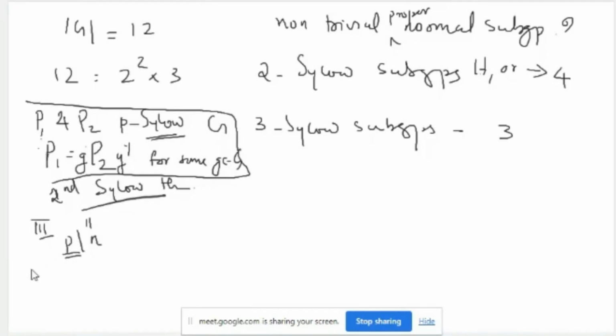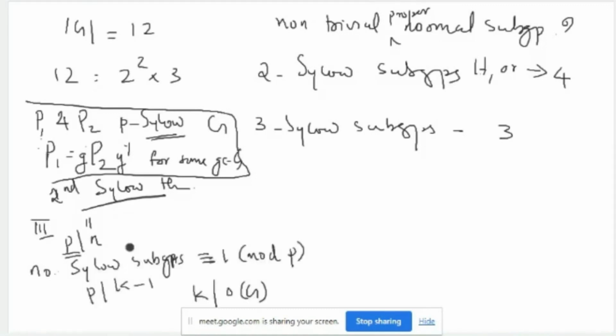The number of Sylow P subgroups is an integer congruent to 1 modulo P. That means if this number is some K, K minus 1 is divisible by P. Also, this number divides the order of the group.